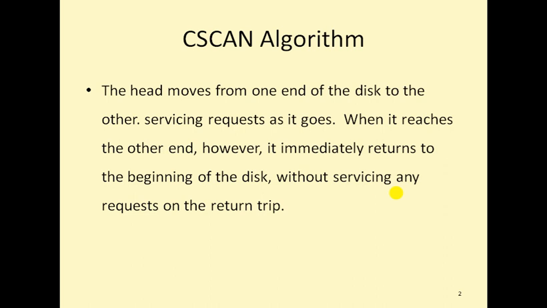Here the head moves from one end of the disk to the other end, and on that way it accepts the requests. When it reaches the other end, however, it immediately returns to the beginning of the disk without taking any request. So that is the difference between the normal scan algorithm and the circular scan algorithm.